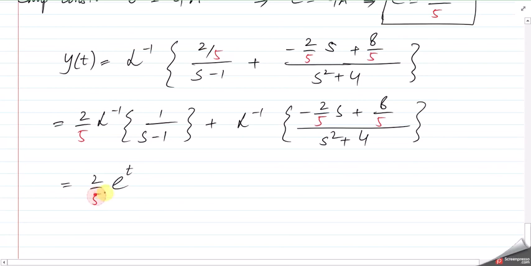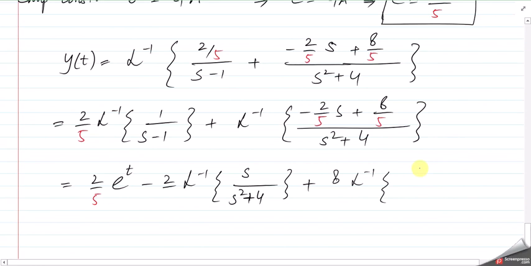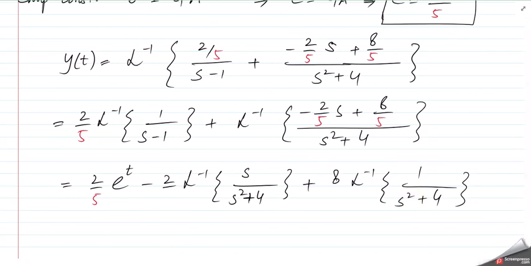This one we split again into two, this one separate and this one separate. We have done this in our last video, so I'll go straightforward. Minus 2 by 5 Laplace inverse of s over s square plus 4, plus 8 by 5 Laplace inverse of 1 over s square plus 4.